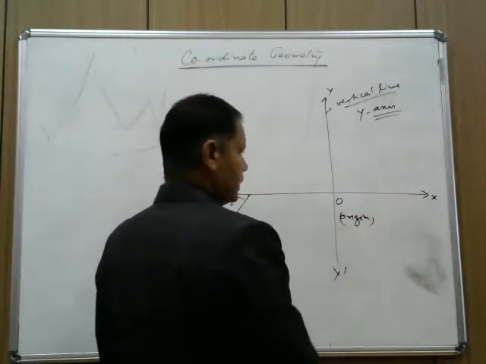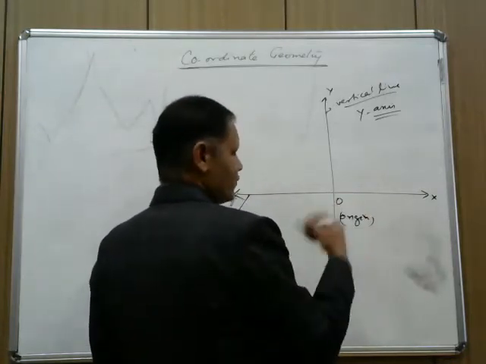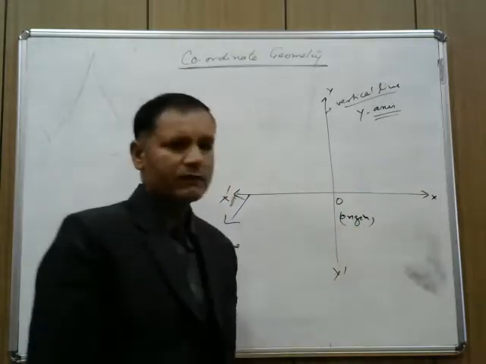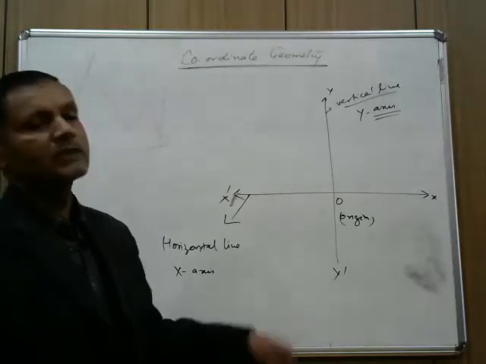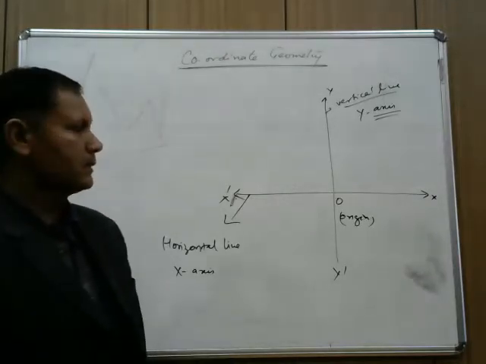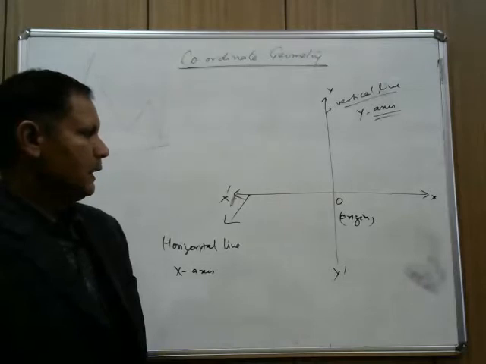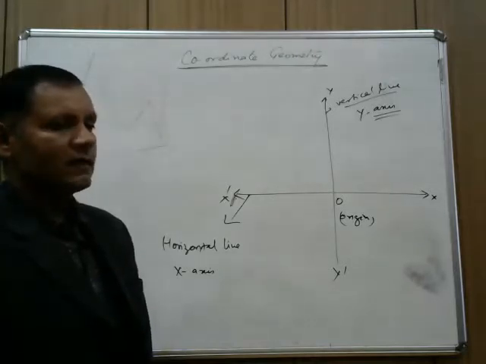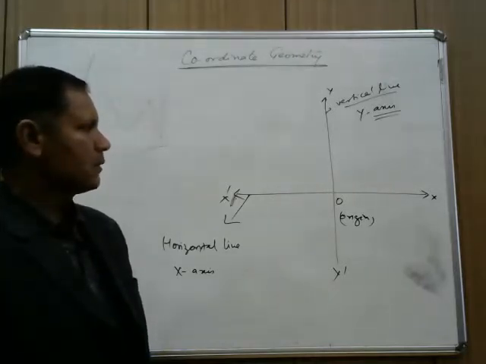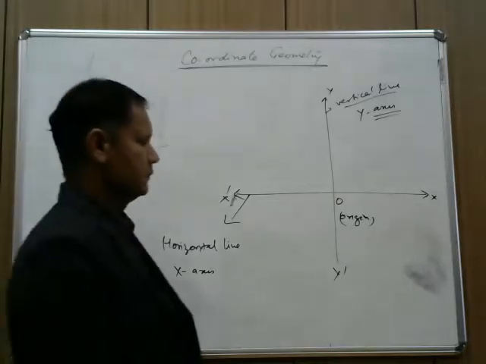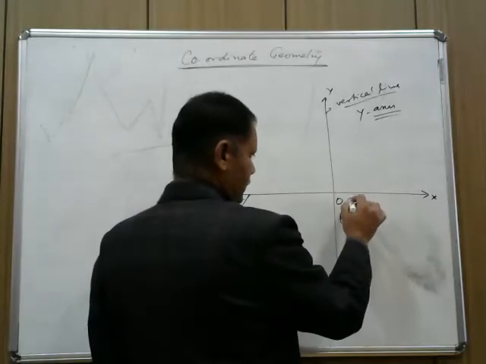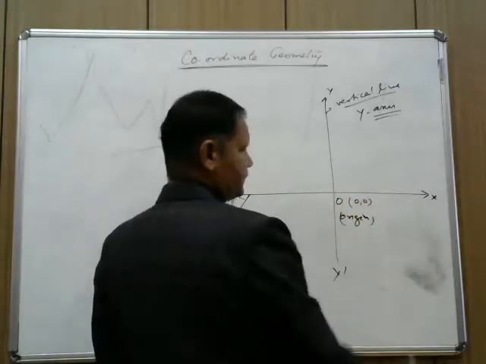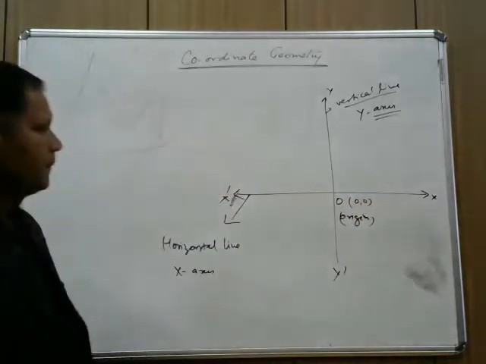Any distance which we are going to measure, or any point which we are going to locate or find out, will start from the origin only. That's why it's very, very important. The intersection point of x-axis and y-axis is called origin, denoted by O, and its coordinate is 0, 0. Right?